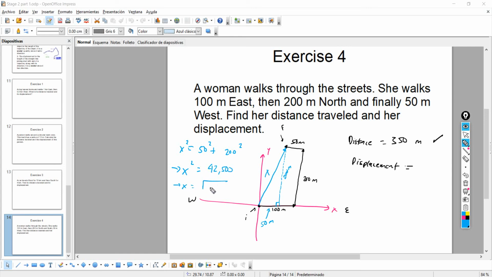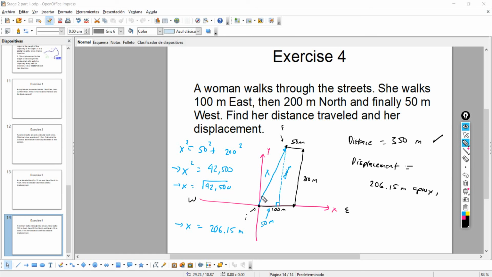And finally, we take the square root of that number to get a total of 206.15 approximately meters. Okay, so that's it, guys. The displacement is equal to 206.15 meters approximately. And in what direction?